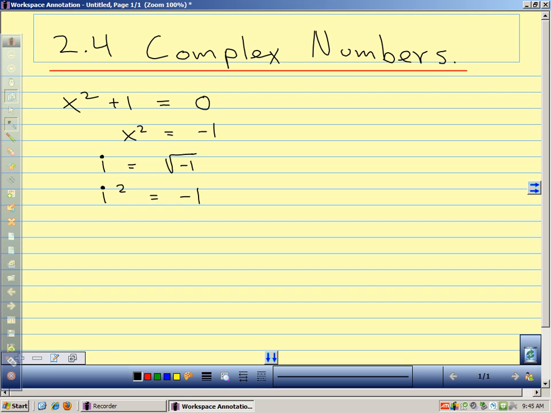Anything that's a multiple of i, if we're multiplying i by any number, is called a pure imaginary number. So 3i, 16i, negative 6i, these are called imaginary numbers.